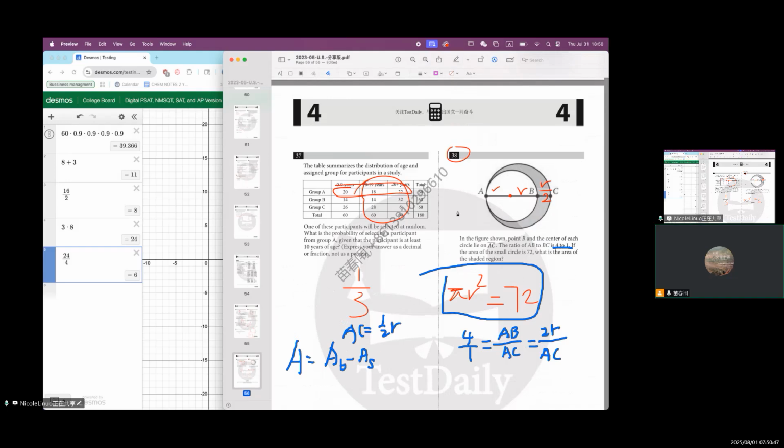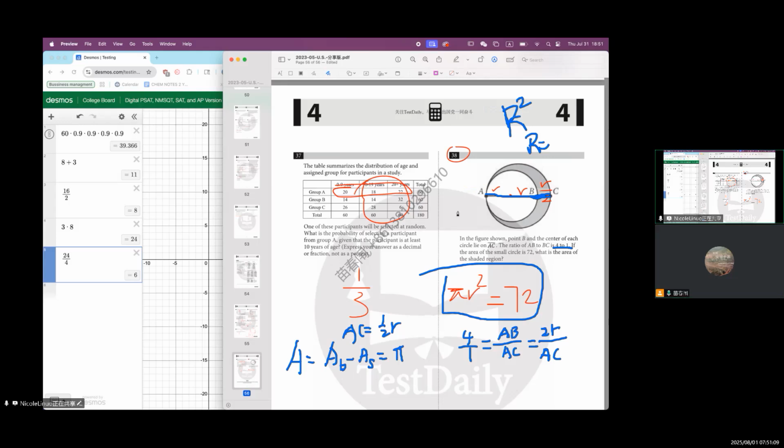Yes. So the big circle is pi, the big circle's r squared, right? What's the big circle r? We have the entire circle diameter in here, right? It's AC.